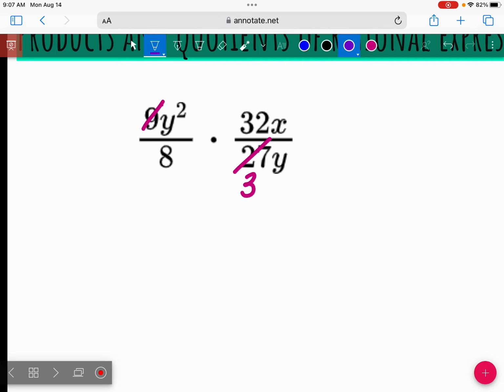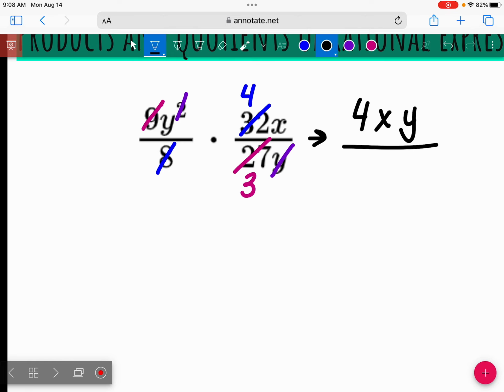Anything else we can simplify? The y. So this y is going to cancel out one of the y's up here. Anything else I can cancel out? The 8. How many are we going to have left on the top? 4. So it's getting a little crossy-outy for me, so let's simplify this. We're left with 4xy over 3.